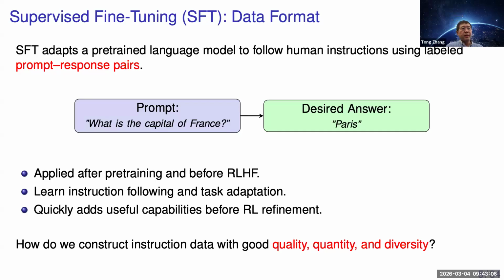Diversity has much to do with tasks. If I have more tasks, then usually it's more diverse, with different types of tasks. So this is how data diversity is generally controlled, by using different tasks.